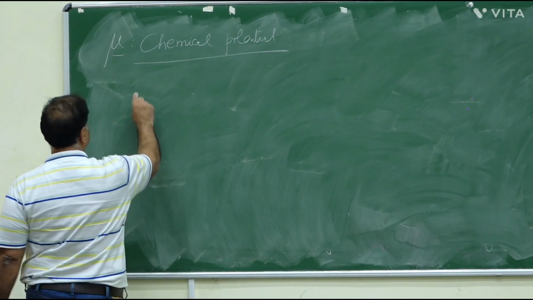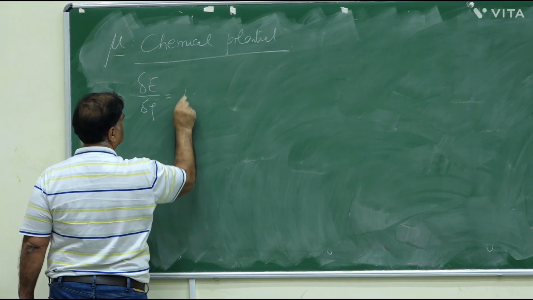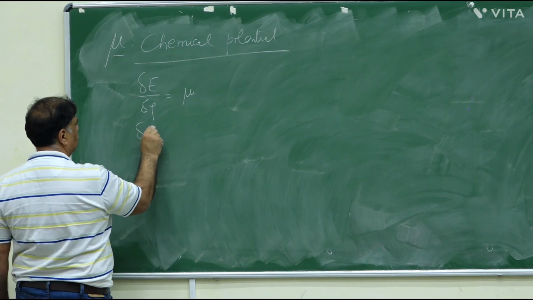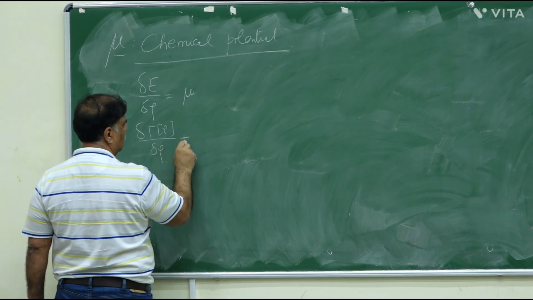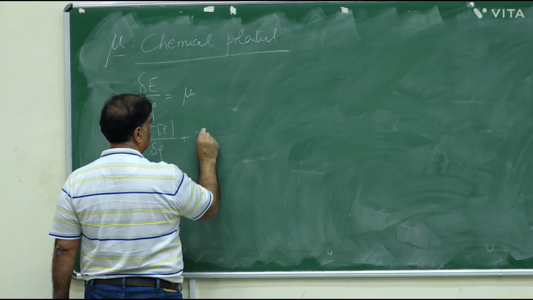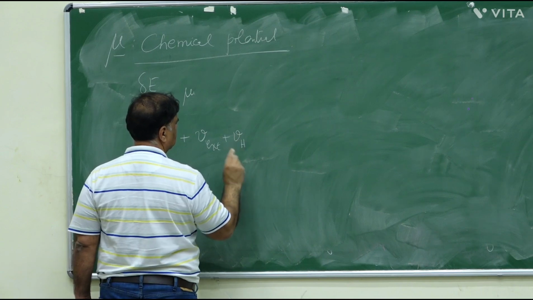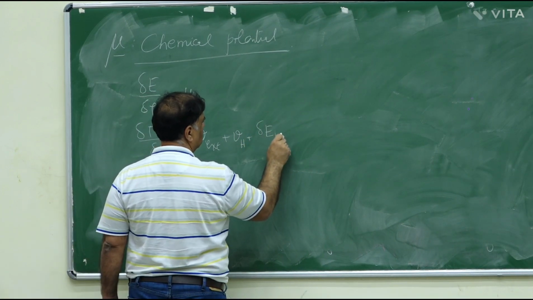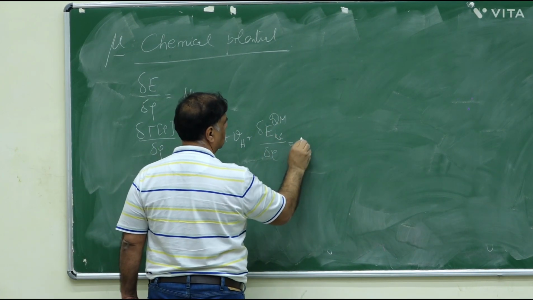Remember we said delta E over delta rho is mu. I can also write this as delta T[rho] over delta rho plus V external plus V Hartree plus delta E_XC, I'll call it quantum mechanical, over delta rho is equal to mu.